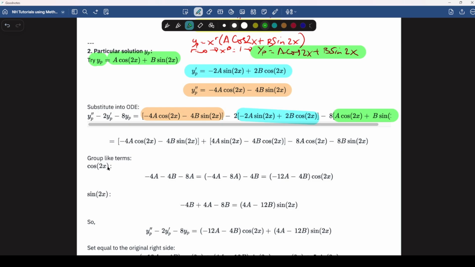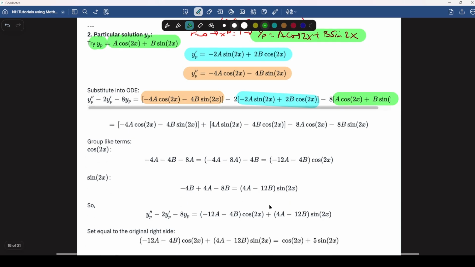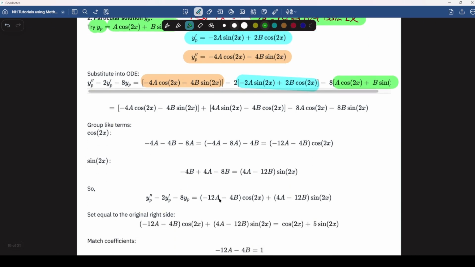So this is all for the cos terms from this substitution. Whereas for the sin 2x term from the substitution, we get 4a minus 12b times sin 2x. Overall it becomes negative 12a minus 4b cos 2x, all because of the very long substitution, and for the sine part 4a minus 12b sin 2x.